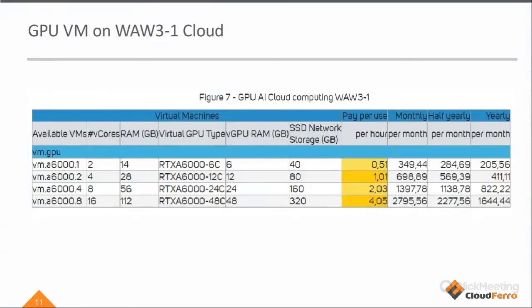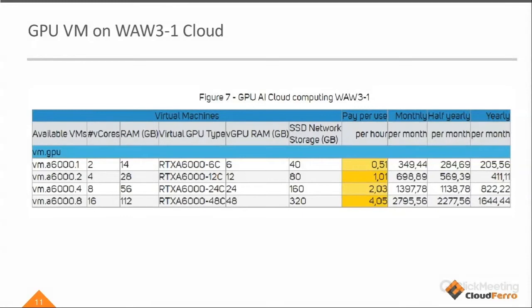And as I said, in WAW3-1 we added the A6000 GPUs, and we added it in the virtualized form. So basically the .1 VM you see here is the VM that has 1/8 of the GPU card.